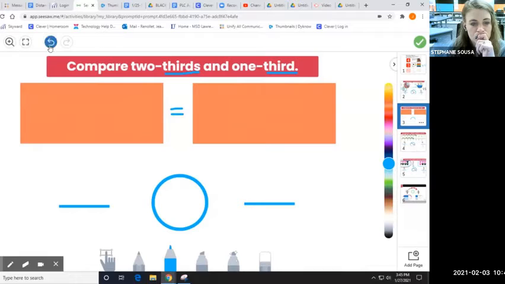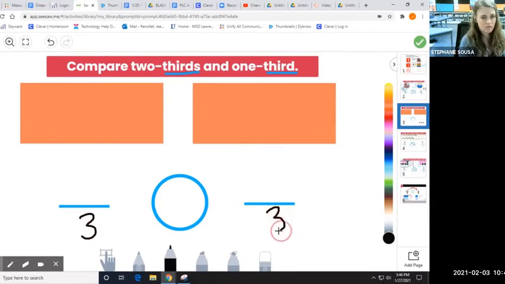Today, I'm going to show you an example of how we can use a shape to partition, shade, and compare 2 fractions. Our task says compare 2/3 and 1/3. I notice that my denominator for each is the same, and it is 3 because I am partitioning into thirds.